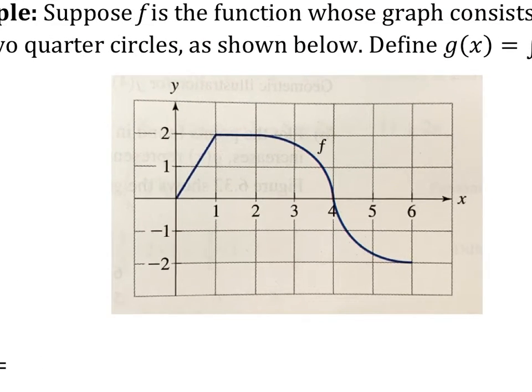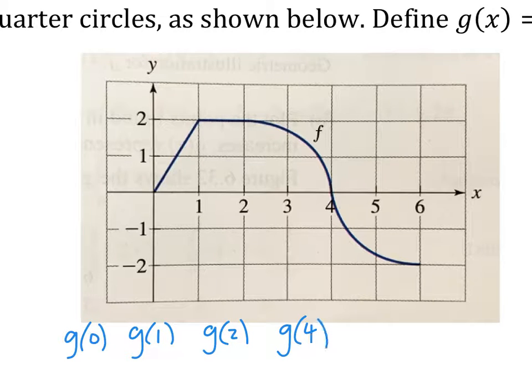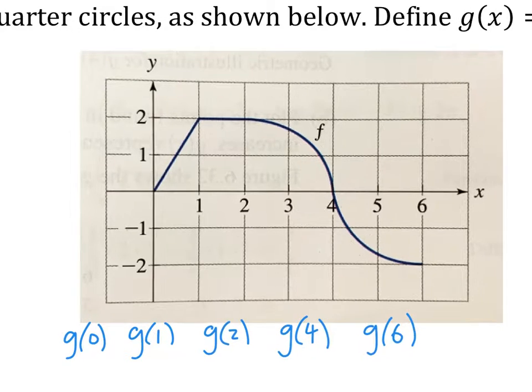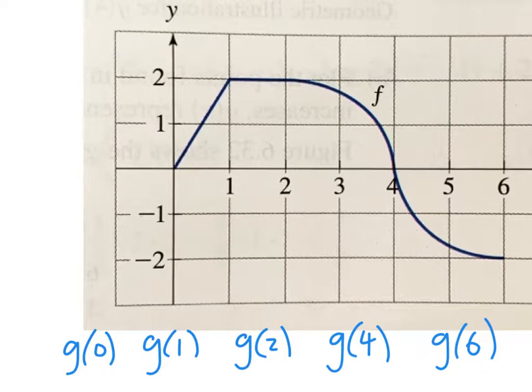I'm going to leave this up here. G of 0, g of 1, g of 2, g of 4, and g of 6. Go ahead and figure out what those things are. Remember that g of x is equal to the integral from 0 to x of f of t dt.